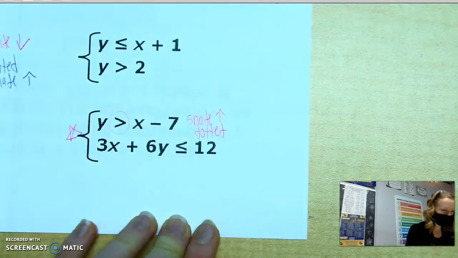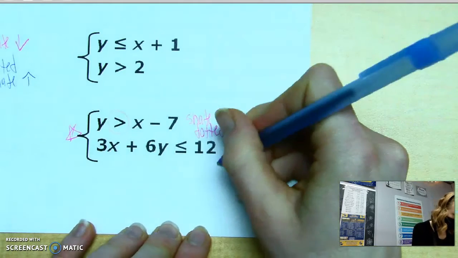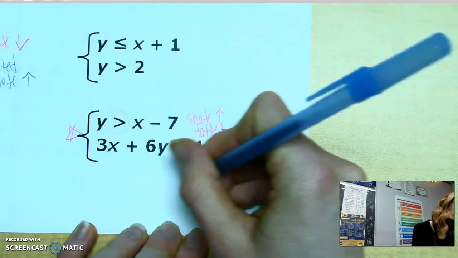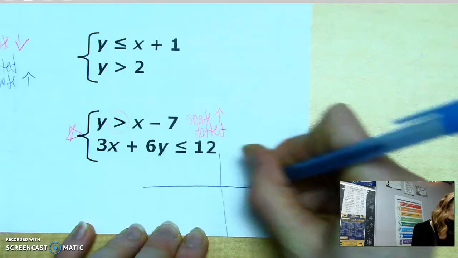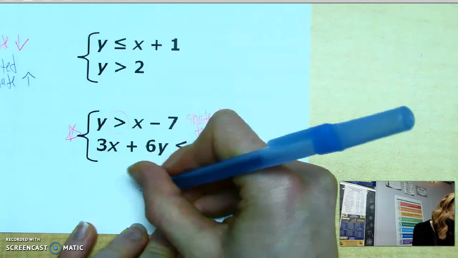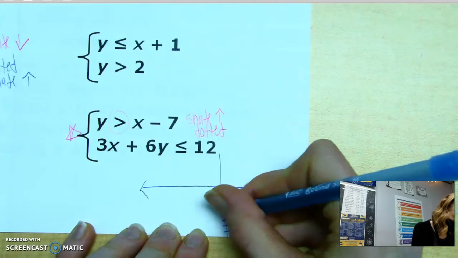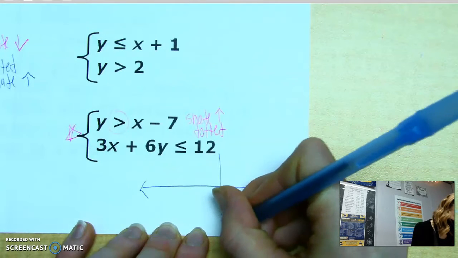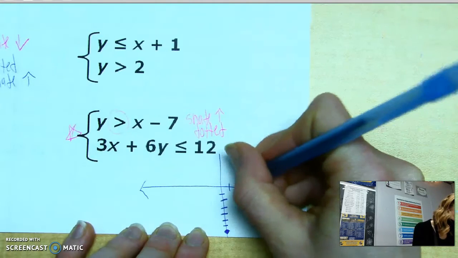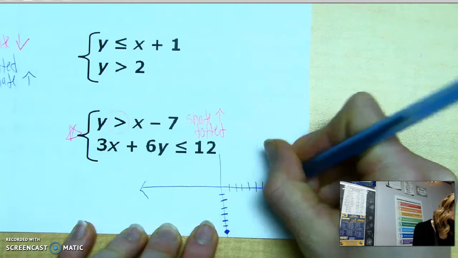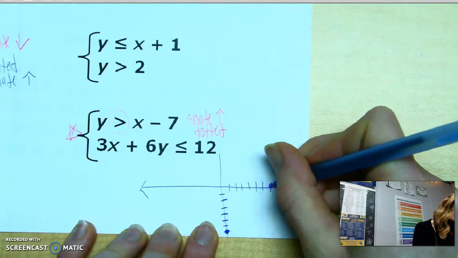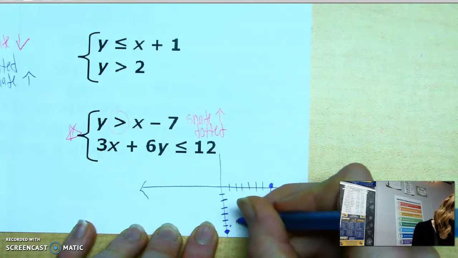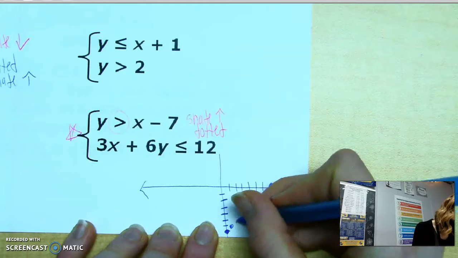So if I were to graph this line, I'm going to draw my coordinate axes. I have a y-intercept of -7, but a slope of 1. So I'm going to go up 1 over 1.